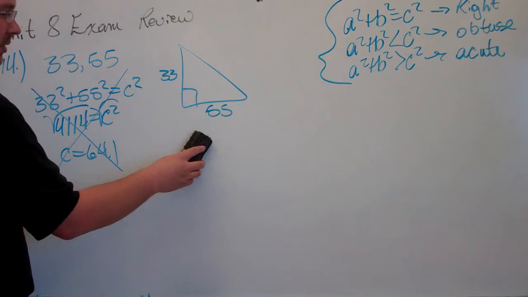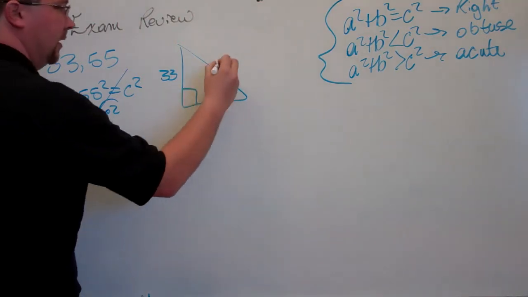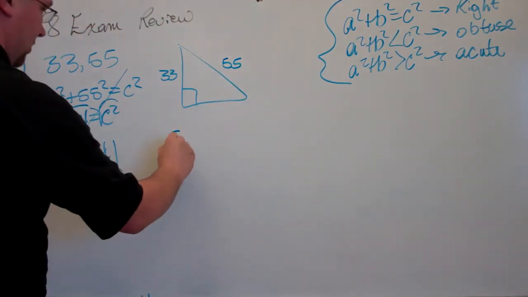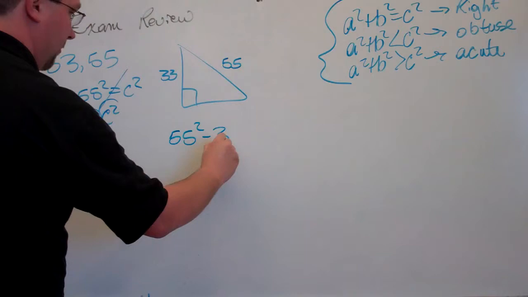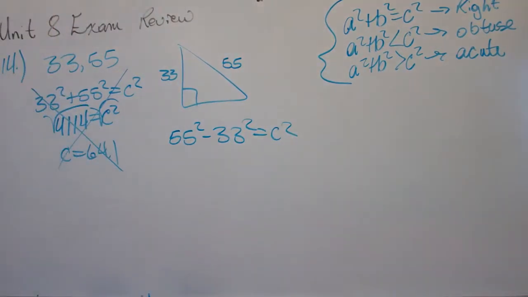Since it didn't work this way, take the bigger of the two numbers, in this case the 55, and make it the hypotenuse. Okay? So now 55 squared minus 33 squared equals c squared.